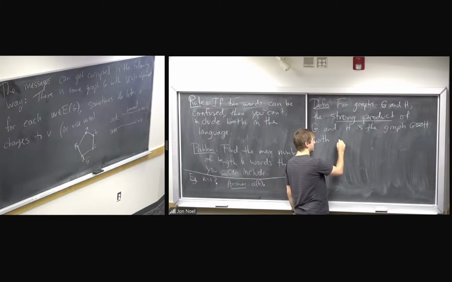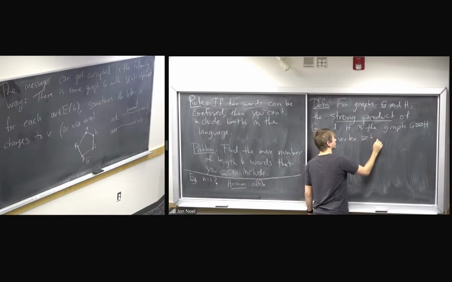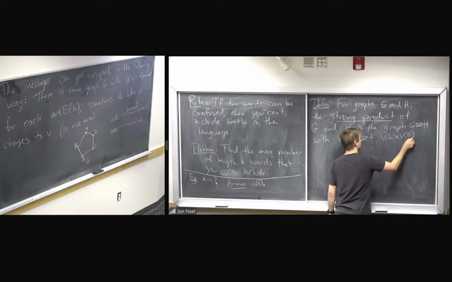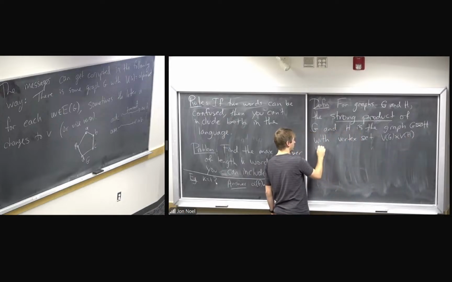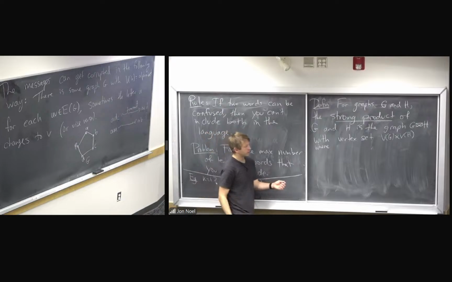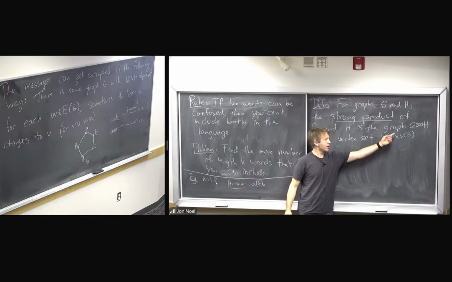It has vertex set V of G, the Cartesian product V of G cross V of H. So this is the vertex set of this graph.